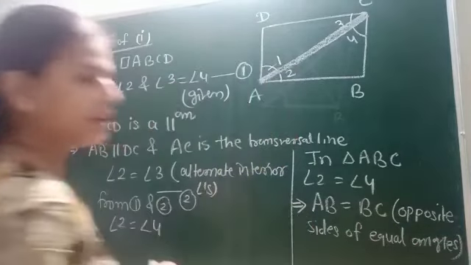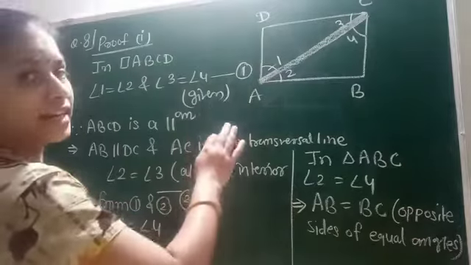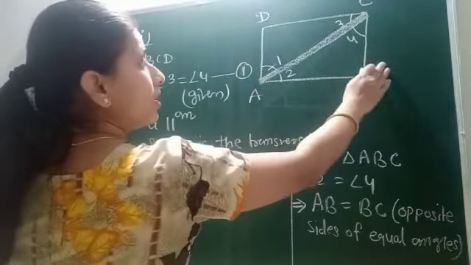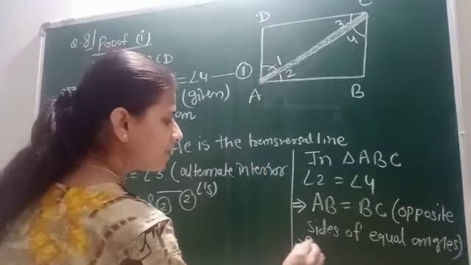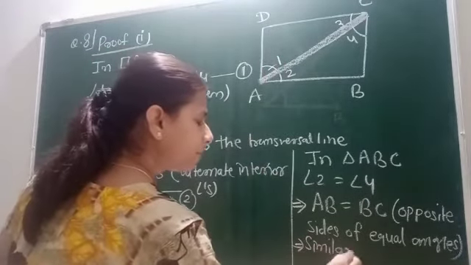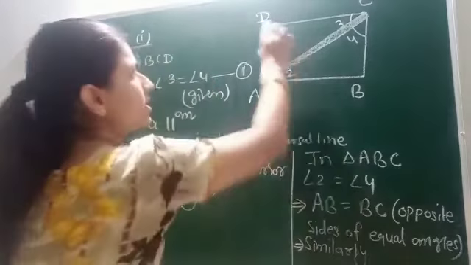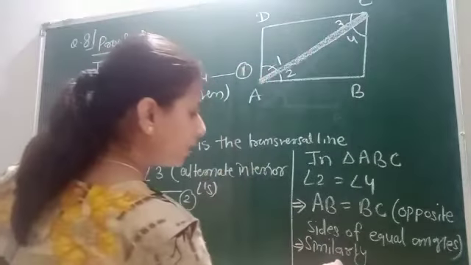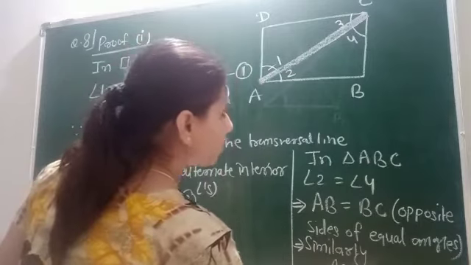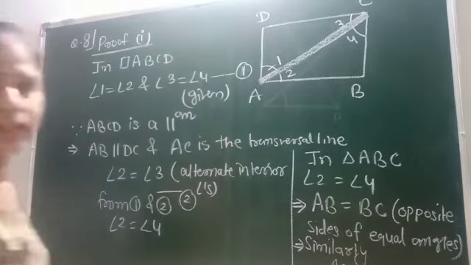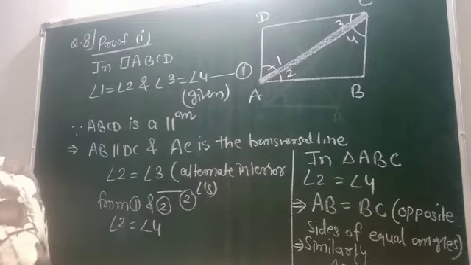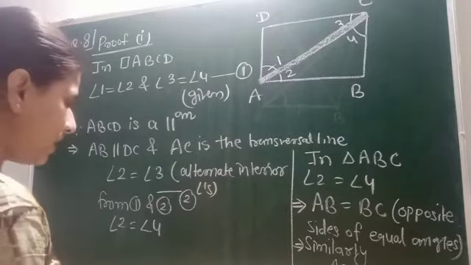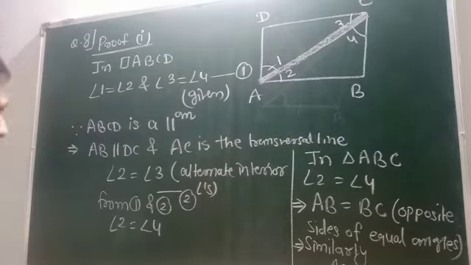As you can see here student, in this rectangle adjacent sides are equal. Similarly, this CD will also equal AD. AD will also equal BC. Okay, so what we will get? In rectangle adjacent sides are equal. So ABCD is a square.